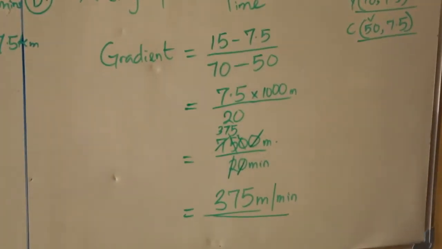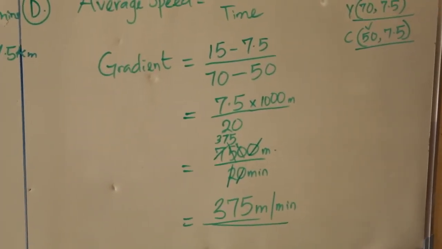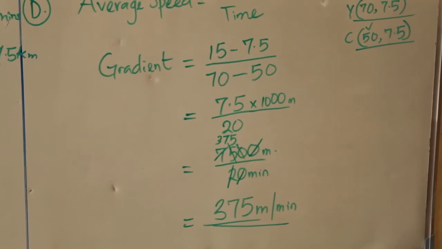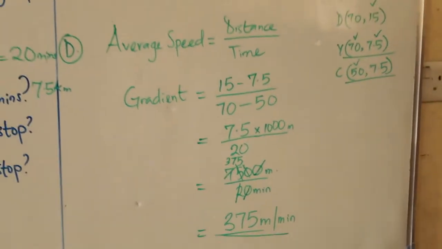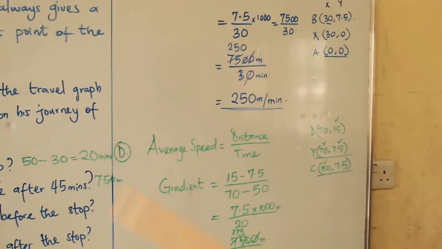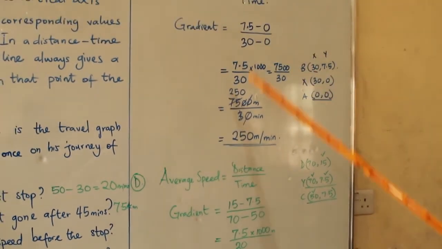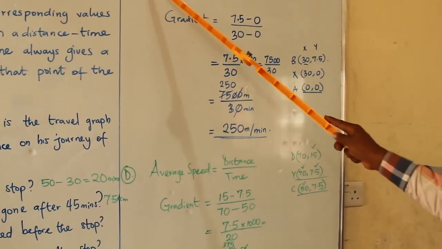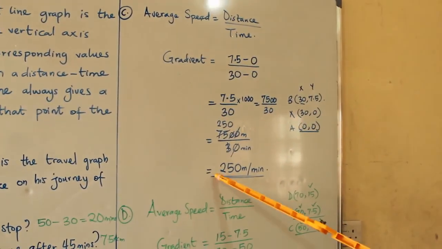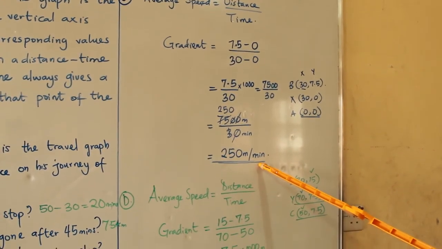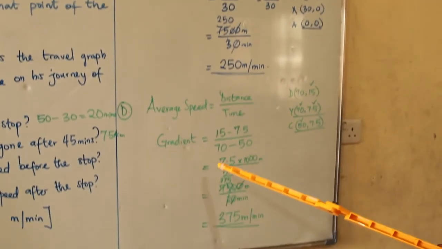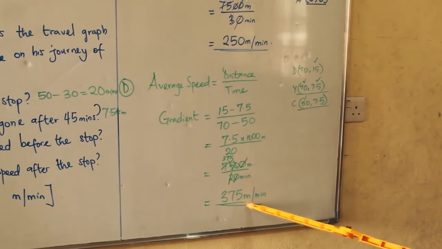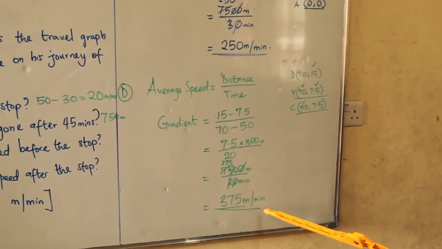Now, if you look at the answer for question C and the answer for question D, you notice that there was a tremendous increase. Average speed before the stop is 250 meters per minute. Average speed after the stop is 375 meters per minute.